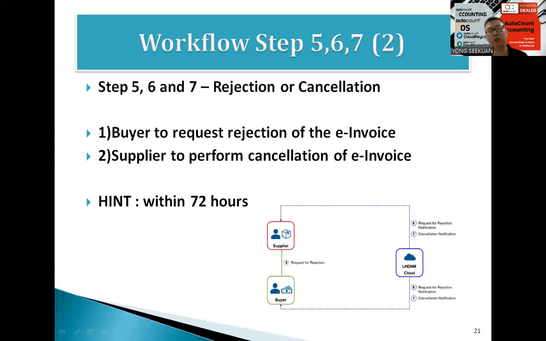You issue the invoice to the customer, then find some information not correct, maybe the unit price undercharged or the item code description wrong because your salesperson accidentally selected the wrong item. Then before 72 hours, you cancel it. But you need to inform your customer that you will cancel this invoice and issue another invoice to them. Otherwise, you need to perform a CN to the customer.